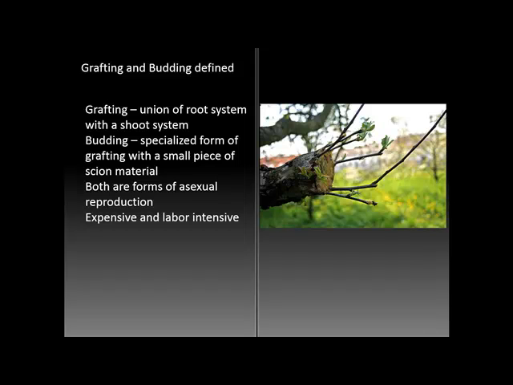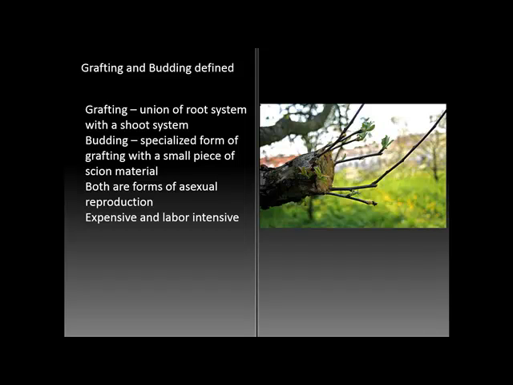Budding is a specialized form of grafting using just a very small piece of scion material, an axillary bud, and they're obviously both forms of asexual reproduction. In comparison to propagation by seeds, grafting is relatively expensive and labor intensive.